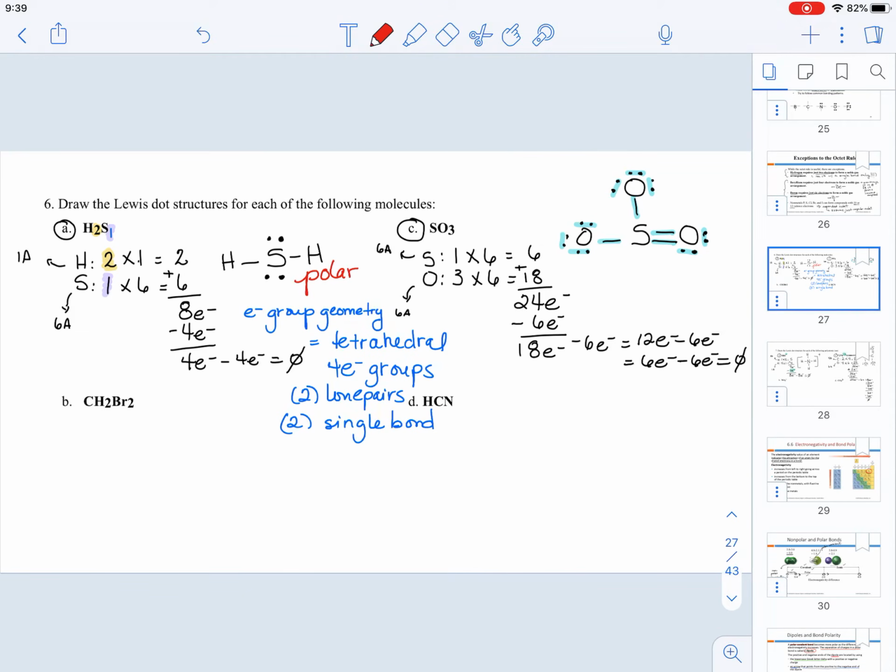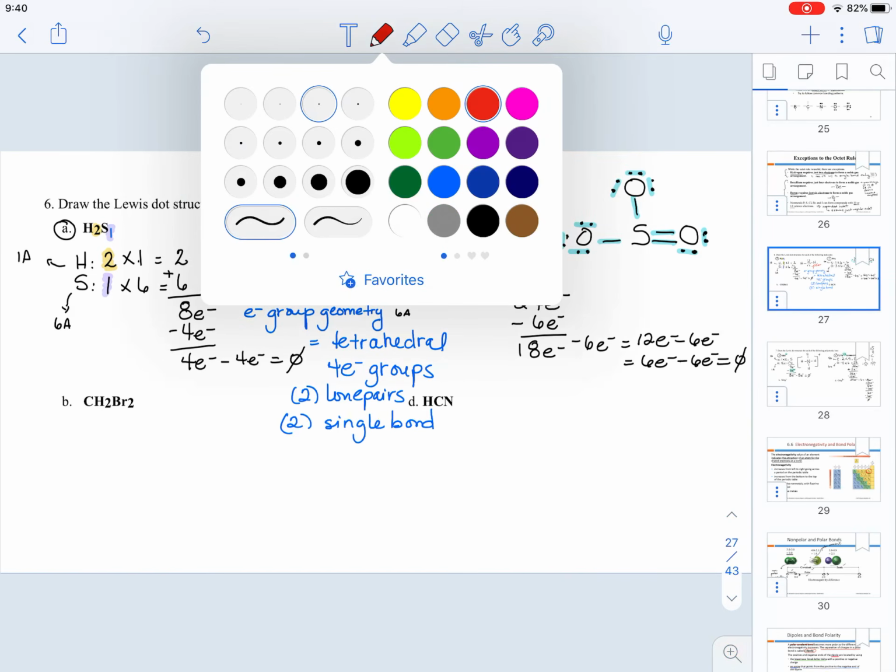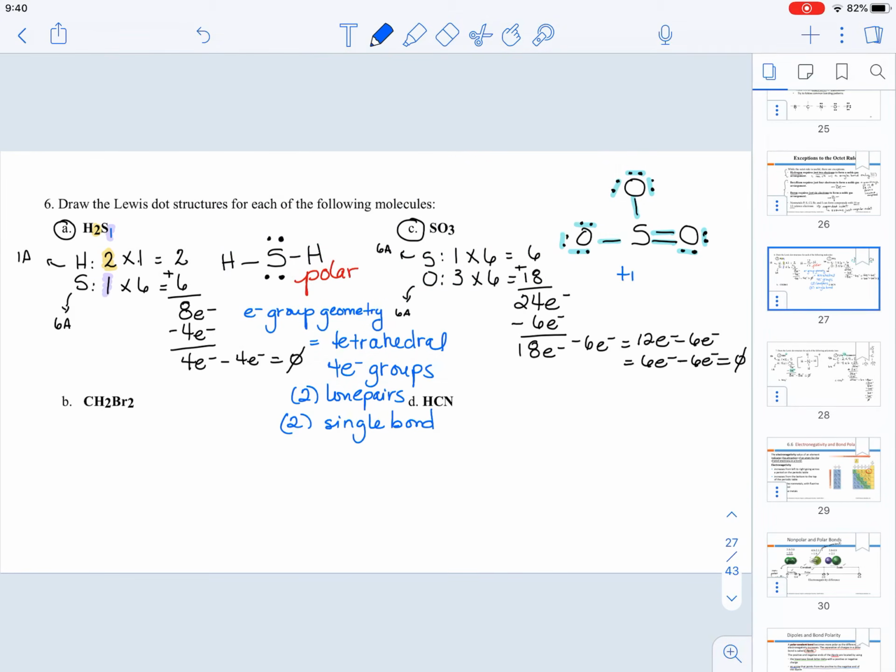Let's look at SO3. When we're looking at SO3, understand that here we have 3 electron groups around the sulfur. So that means that this molecule is trigonal planar. The 3 electron groups are going to be the lone pair, the single bond, the other single bond. Let me just erase these arrows.